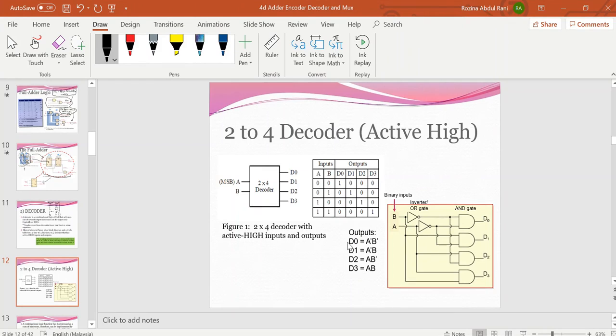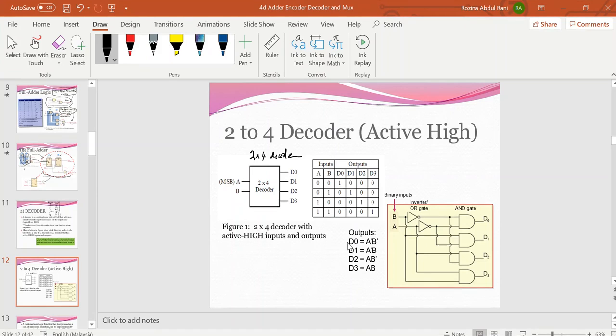This simple example of a 2 to 4 line binary decoder consists of an array of 4 AND gates. This is the block diagram, or symbol, or schematic diagram for the 2 to 4 decoder.